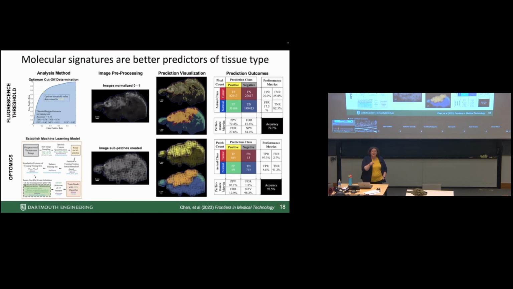So how does a pixel with fluorescence relate to its neighbor? And the overall conclusion is that this actually performs much better than fluorescence intensity alone. We were able to increase our accuracy from about 80% to about 94%, just through these machine learning technologies.